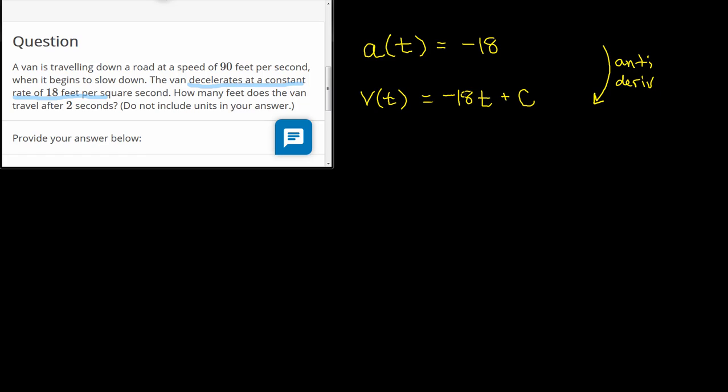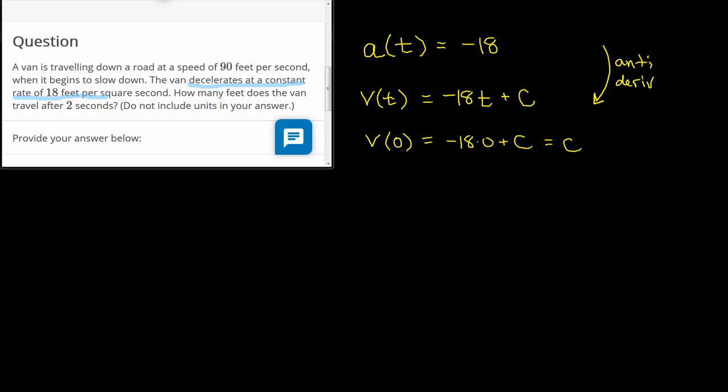Okay, but I think we can actually say more about c. Let's just think for a minute about what's happening here. Notice, what do I get if I put 0 in for t into this velocity function? If I just put in 0, I get negative 18 times 0 plus c, and that's of course just equal to c.